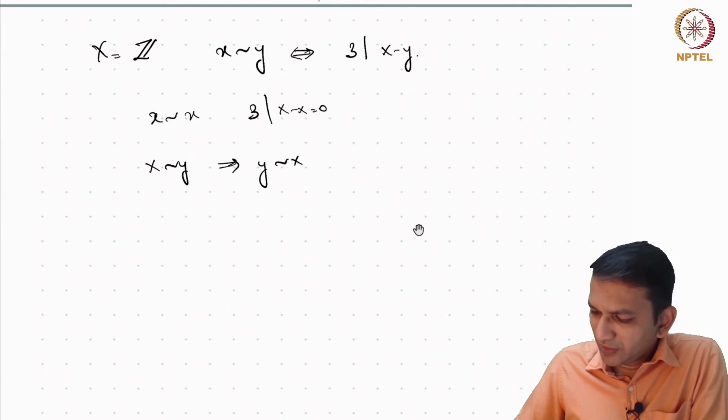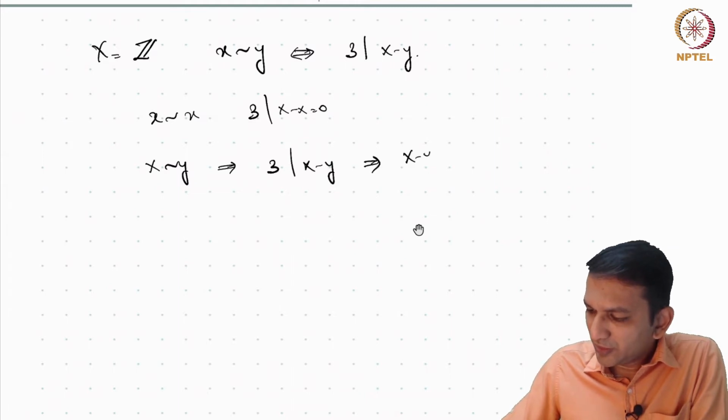Why? Because if x is related to y, this means 3 divides x minus y, meaning x minus y is actually some 3 times k.